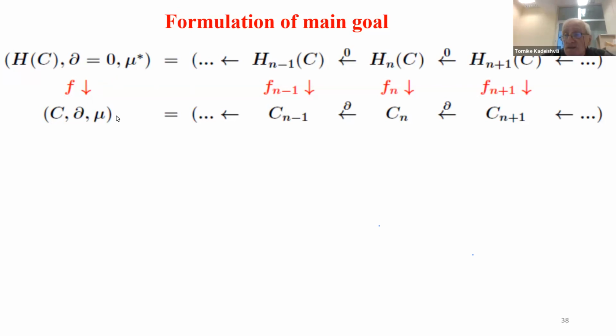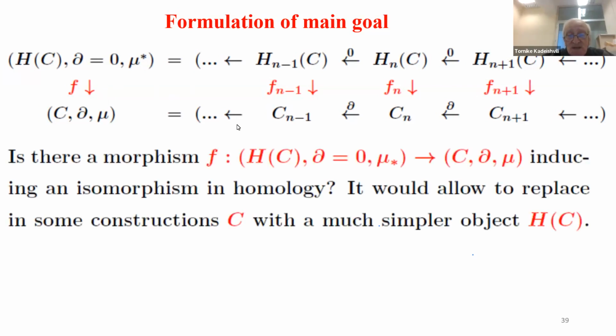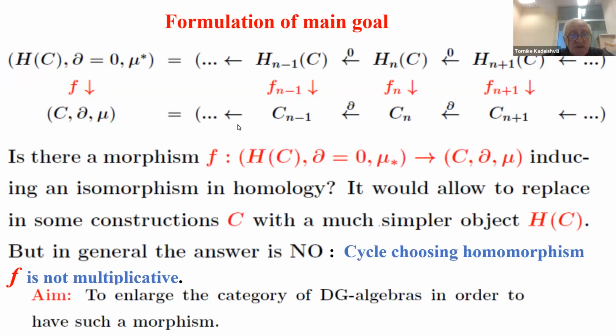Homologies are isomorphic, but is it induced by a multiplicative map? No, unfortunately, this is not multiplicative. Choosing a cycle for a product is not the product of the chosen cycles. This is the grandiose tragedy of this story. C and H have the same homology, but this isomorphism of homology is not induced by a multiplicative map.